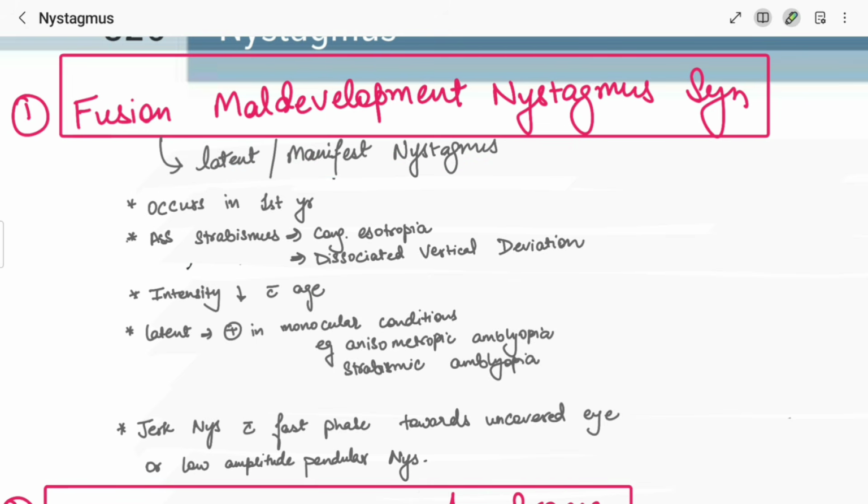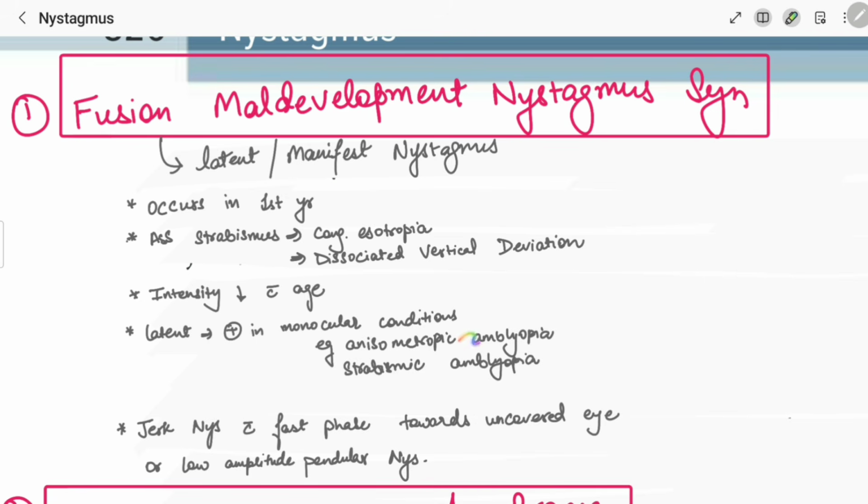The one which I told you will manifest only in monocular conditions, that is, when one eye is covered or you cannot use it. For example, anisometropic amblyopia or strabismic amblyopia. Amblyopia means that the visual pathway is not developed, which occurs in childhood.